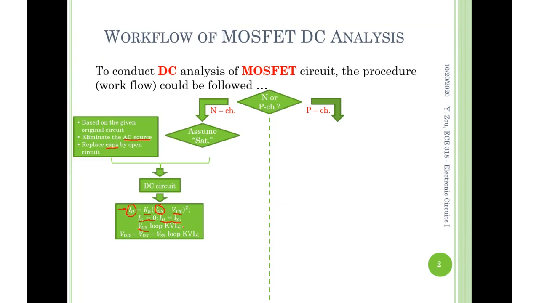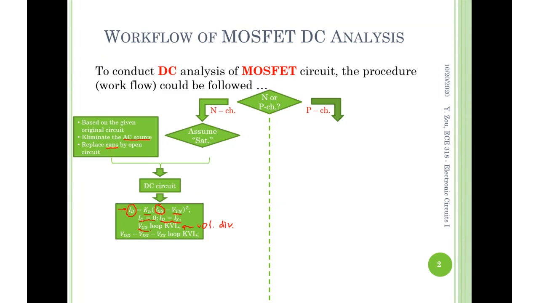To write this KVL, once again, you probably need to conduct a voltage divider in the first place, to find the voltage at the gate. Then based on that voltage at the gate, generally speaking, it's very helpful for your VGS loop KVL.